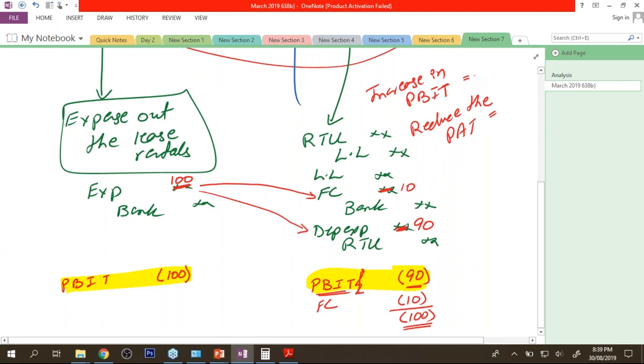It will increase the PBIT because some element will be charged to the finance cost, but the actual profit after tax will be reduced. This is the impact when we move from the operating lease to the finance lease.